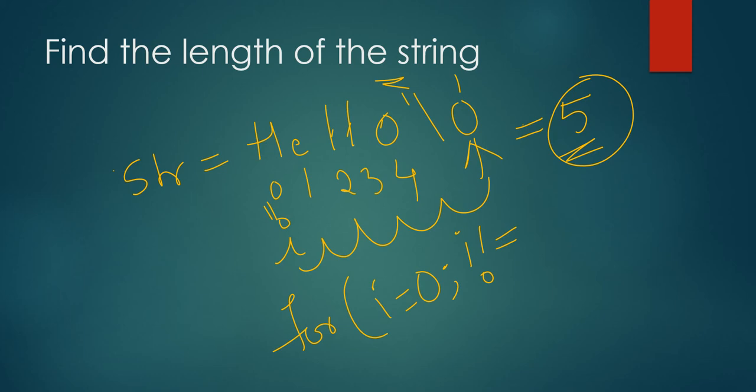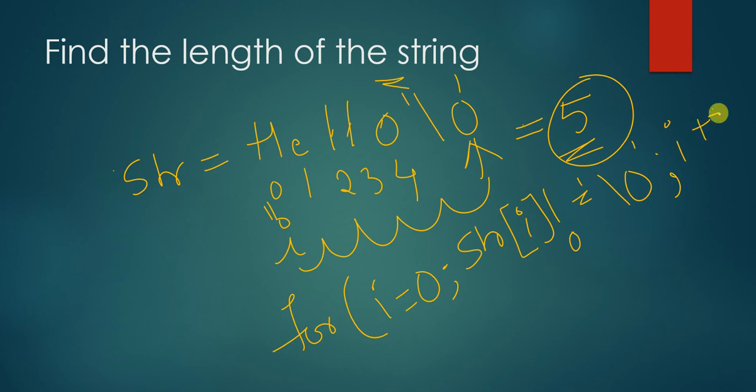Till end of string is encountered. So end of string, how can I do it? Here I should mention str of i is not equal to null character, and then i plus plus.